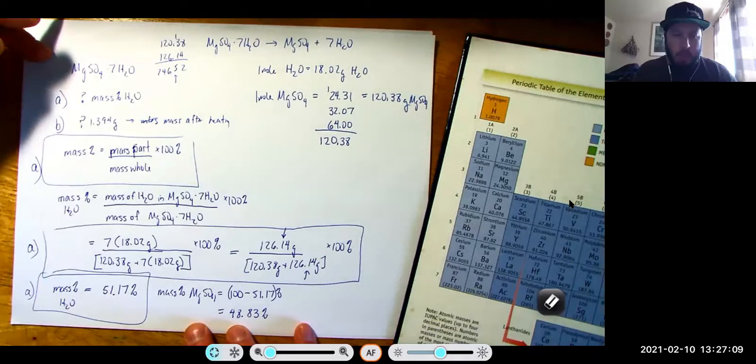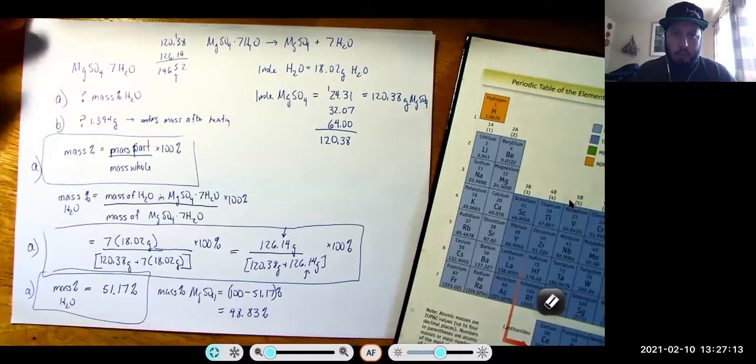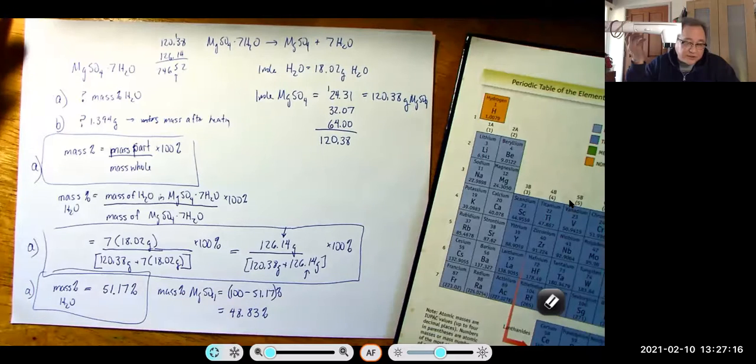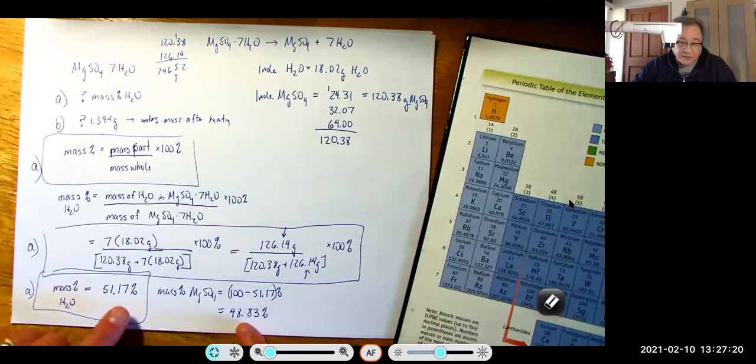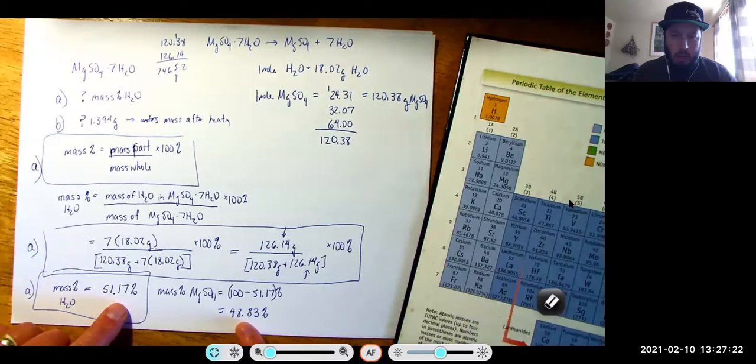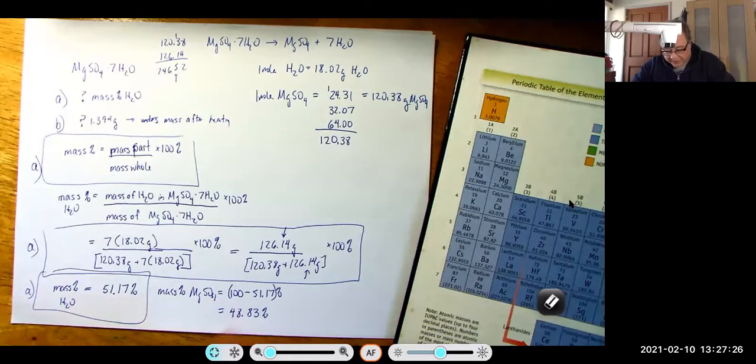Then the water would be turned into gas, and all that would be left is the MgSO4. Right, because when we talk about mass percent in each of these cases, the percentages should add up to 100. So that's how I know it's 100 minus 51.17.